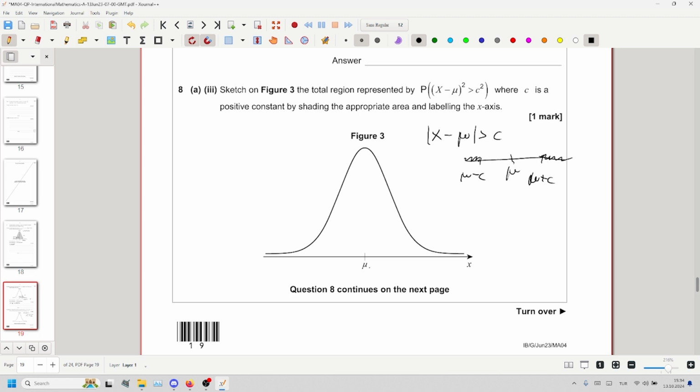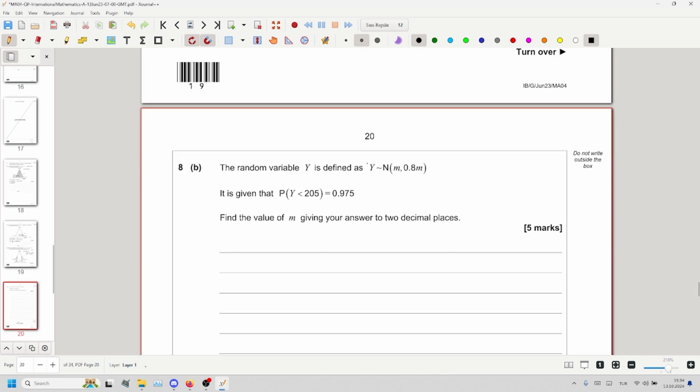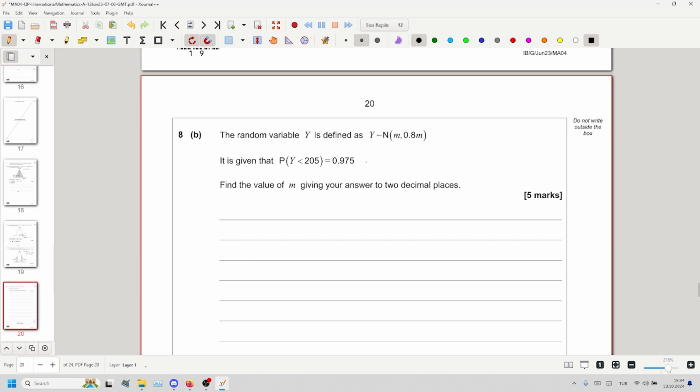So that would be mu plus c in this case here, and then symmetrically, like this, there would be mu minus c. And this region is going to be shaded in, it's going to be this region of the normal distribution. Right, now let us continue with this question.